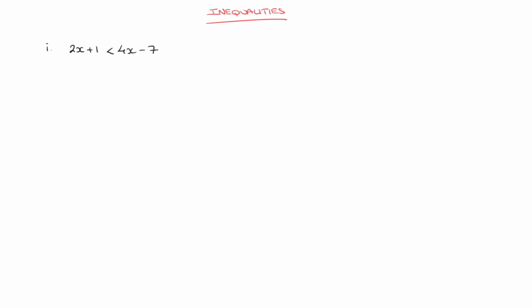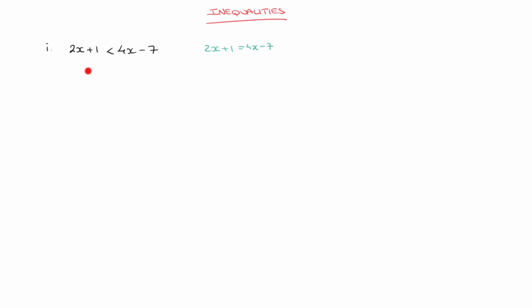Here we have 2x plus 1 less than 4x minus 7, and we need to solve this. You're going to solve this technically in the same way as you would solve the equation 2x plus 1 equals 4x minus 7. The steps are identical. There's simply one very important rule to remember that distinguishes inequalities from equations, okay?